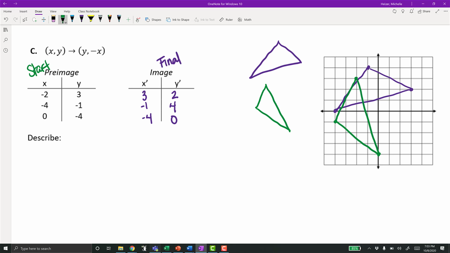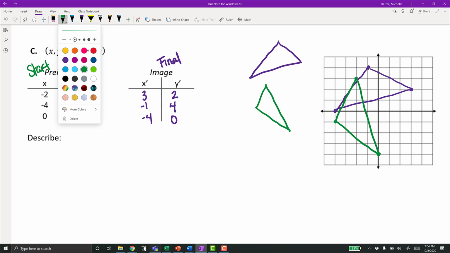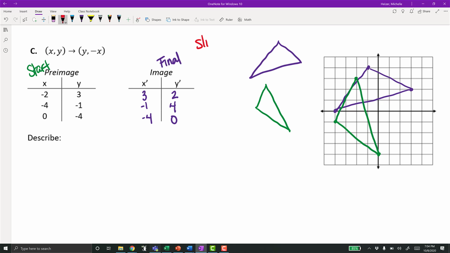And when I notice this, the first thing I notice is obviously they're not in the same orientation. So that means that they cannot be a slide. Okay. So slides would have the same orientation. So it can't be just like a sliding up, down, right, left. So I want to look for, is there like a line of reflection or a mirror that could happen? And when I look at this, I don't see anything like that that would make me think mirror, mirror, okay, like a reflection.